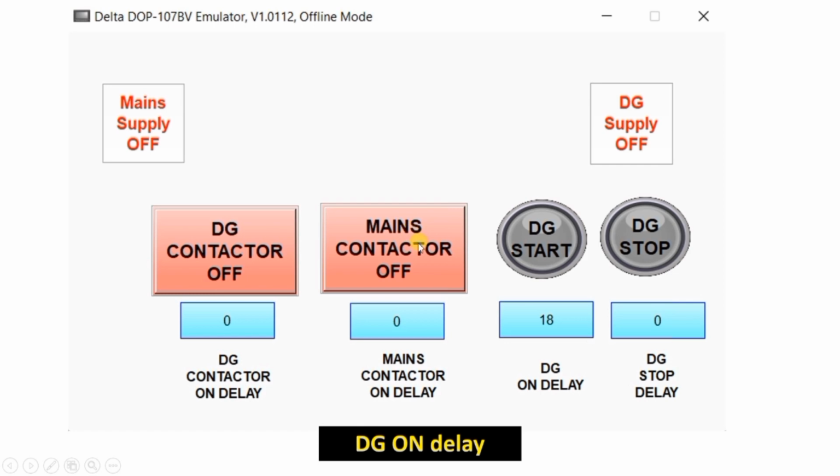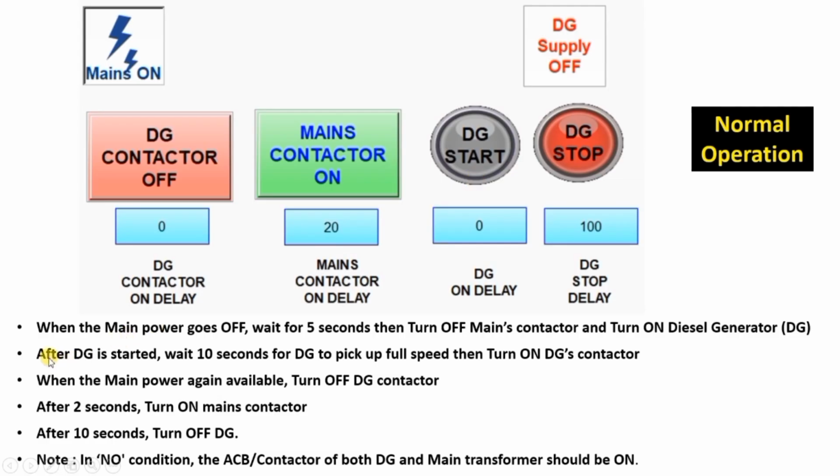So after the 5 seconds, your PLC will give start command to DG, and DG will be on. As soon as the diesel generator is on, supply of DG will be sensed from here. After the DG is started, we have to wait for 10 seconds for DG to pick up the full speed.